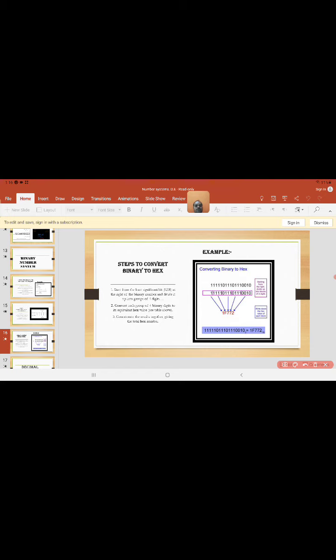In the first group we get 0010, in the second group 0111, in the third group 0111, and in the fourth group 1111, four ones. In the next group only 1 is left, so to make it a group of 4 numbers we add 3 more zeros to the 1, and then it can be converted into a hexadecimal number.